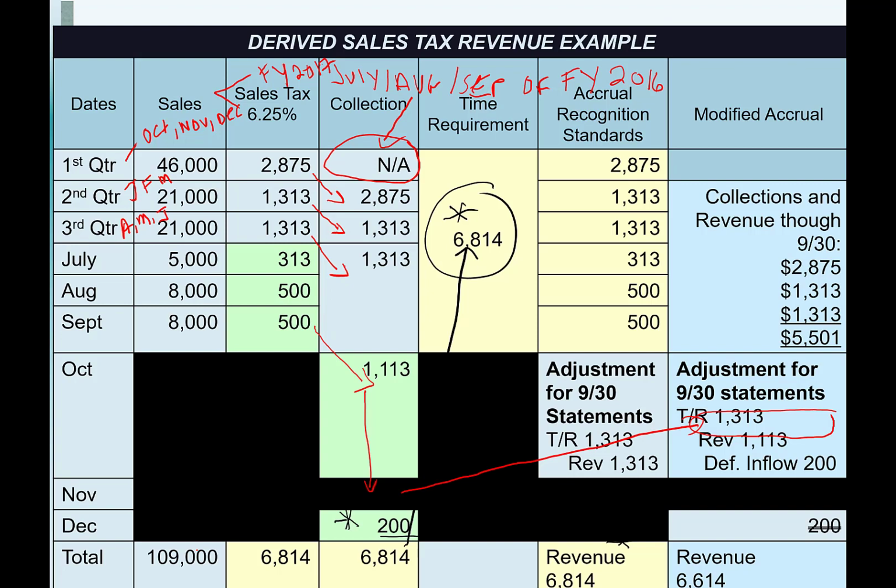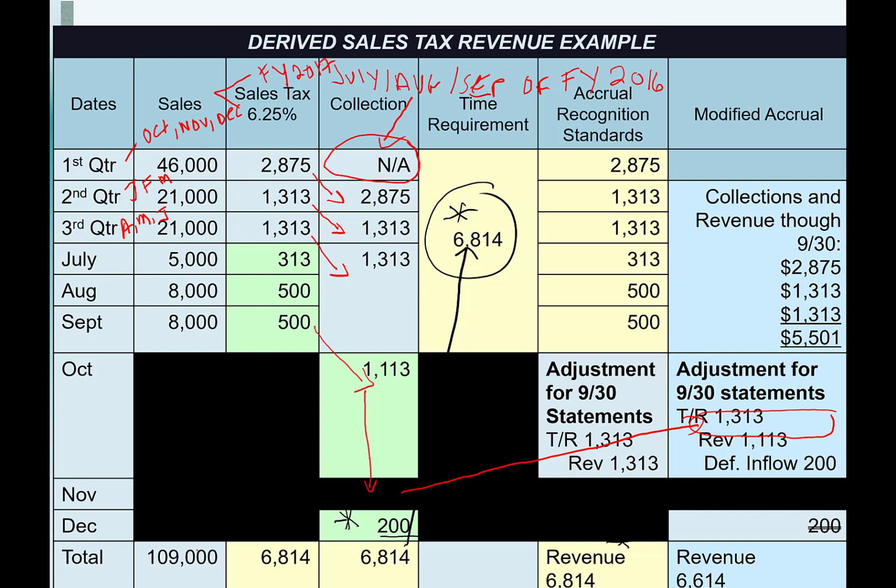We're still in 2016, right? Okay. Then we come over and we have the third quarter sales, 1313 again. We collect that now in the fourth quarter of 2016. The underlying transaction took place in 2016, so we can take it for full accrual, can't we? And for modified accrual, we can also take it, right? Okay, good.